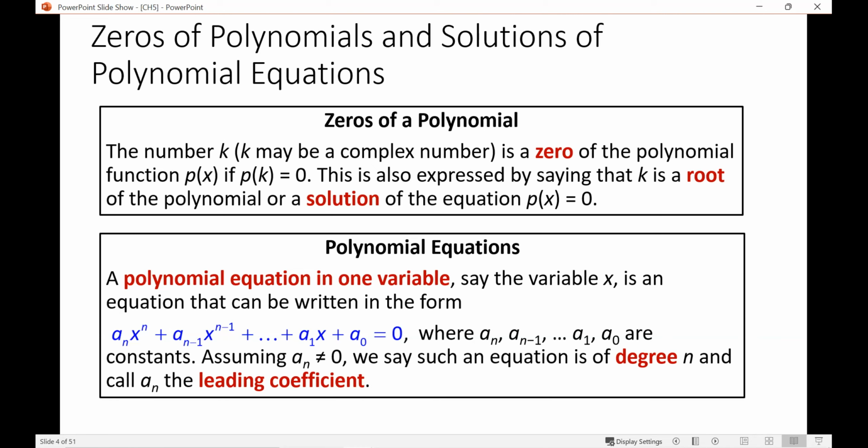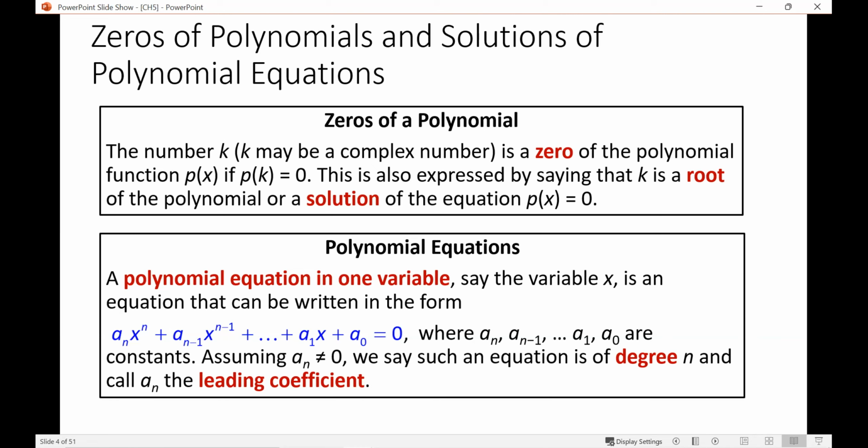Okay, just to define it, a polynomial equation in one variable, let this variable be x, is an equation that can be written in the form a sub n times x to the n plus a sub n minus 1 times x to the n minus 1, all the way down to a sub 1 of x plus a sub 0.